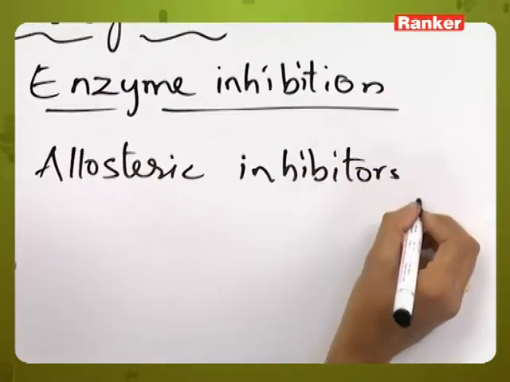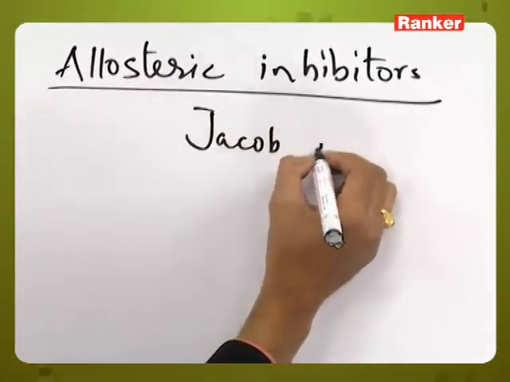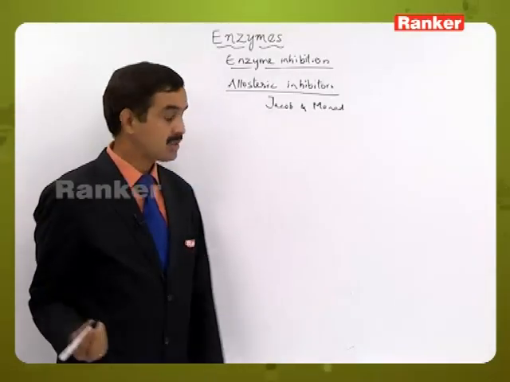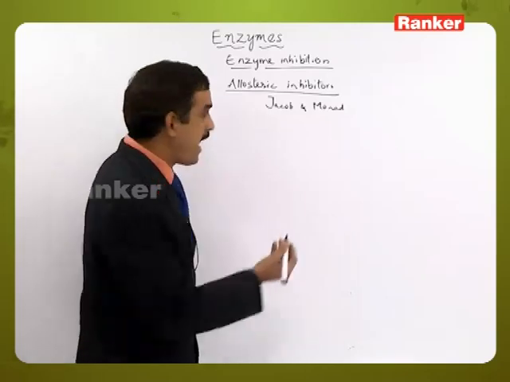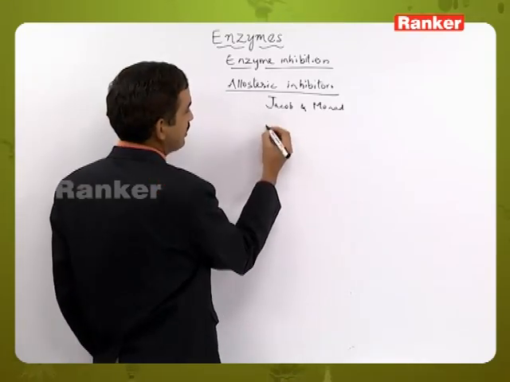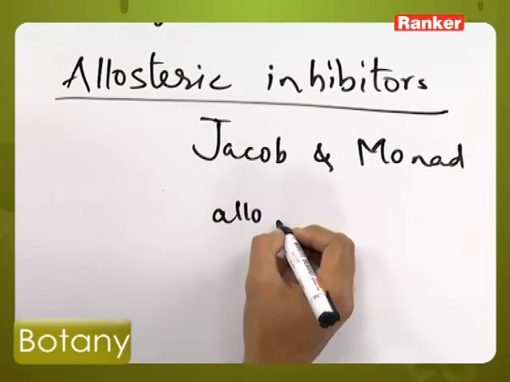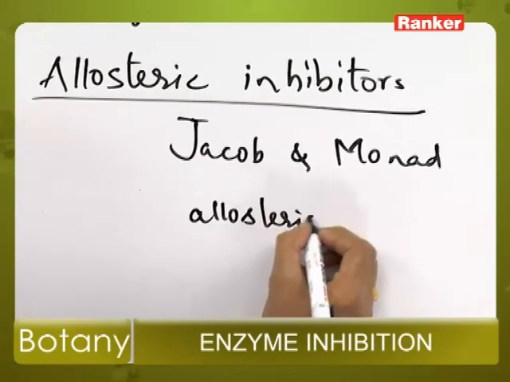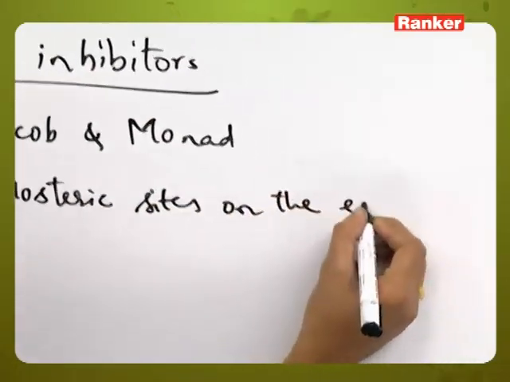This concept of allosteric inhibitors was given by Jacob and Monod. According to these scientists, some substances are inhibitors which will bind to some other sites, that is allosteric sites on the enzyme.